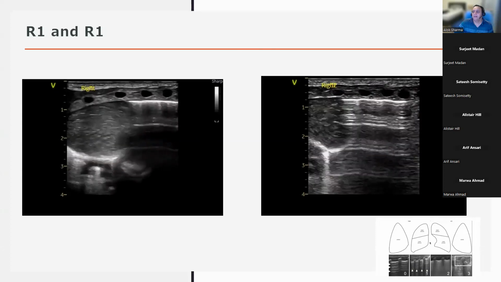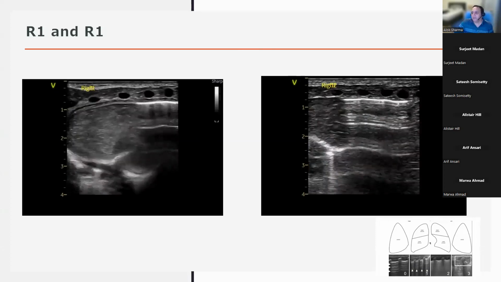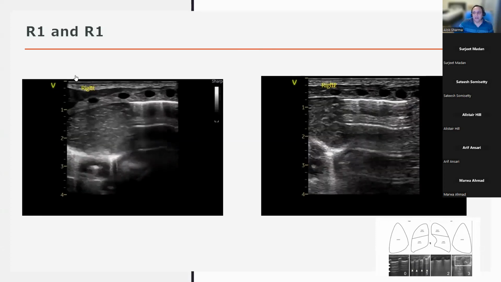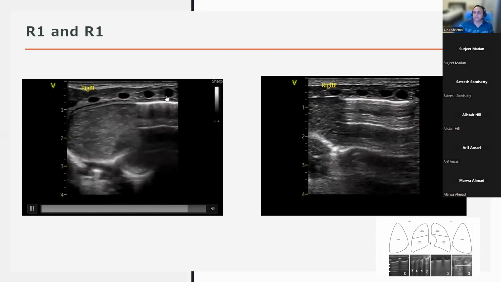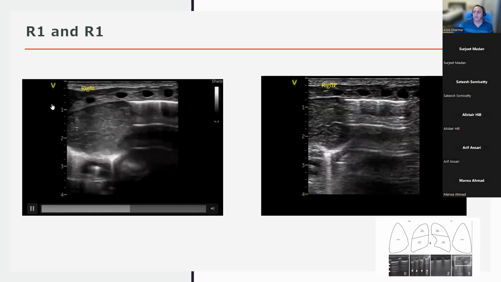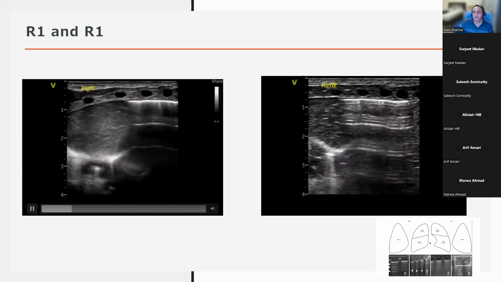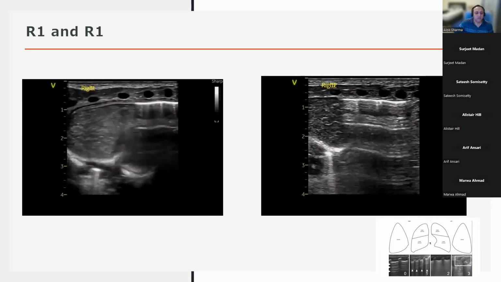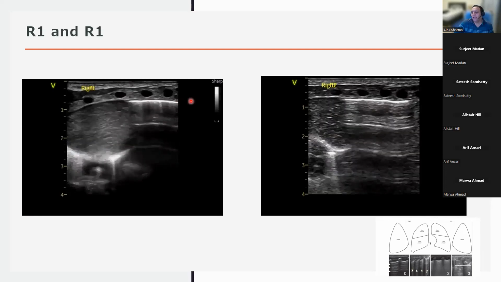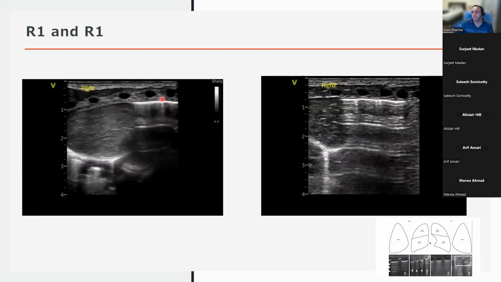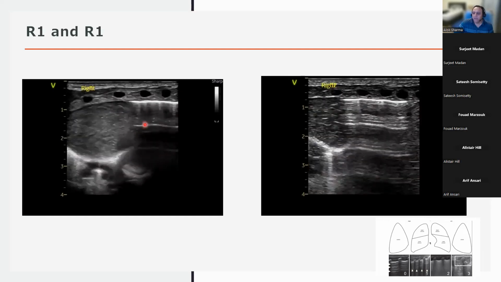Looks like an A-line profile to me. Beautiful, you're absolutely right. Our protocol is batwing sign. How many intercostal spaces? 3 to 4. Very good. With 3 to 4 intercostal spaces, what about pleura? Moving? Yes, pleura sliding. Lovely.